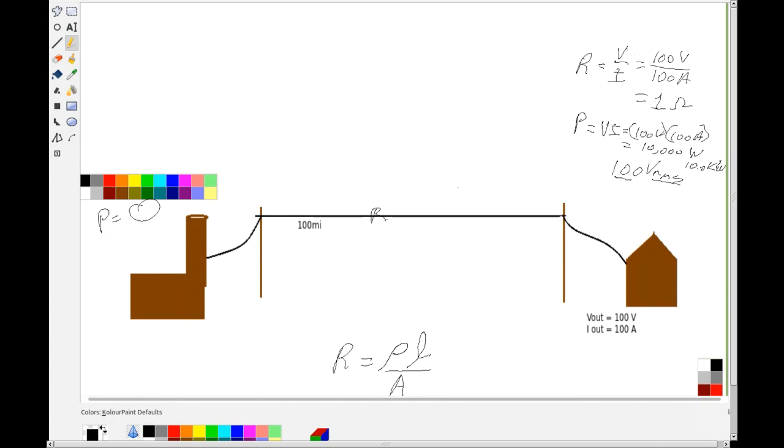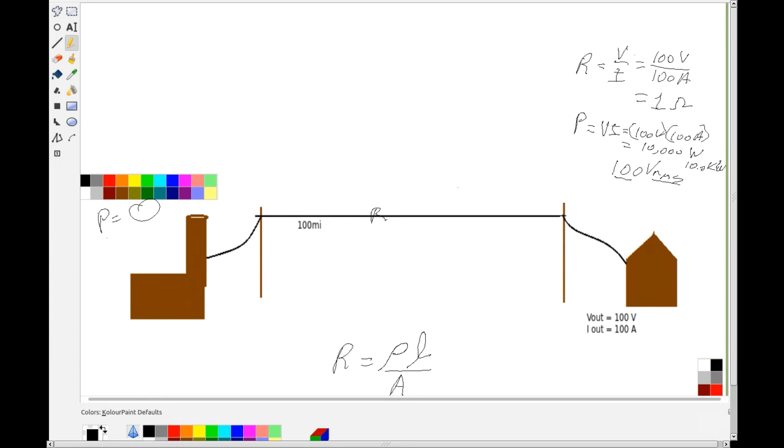So let's calculate the resistance. Now remember, the resistance inside my house was 1 ohm. But now I'm asking, what is the resistance to my house?